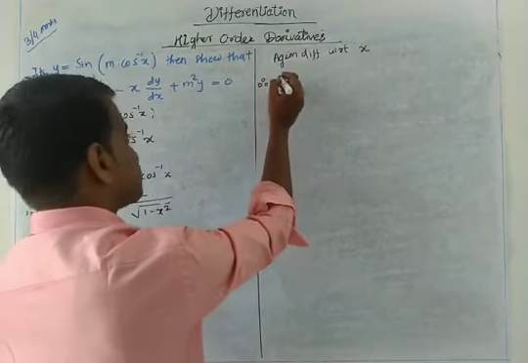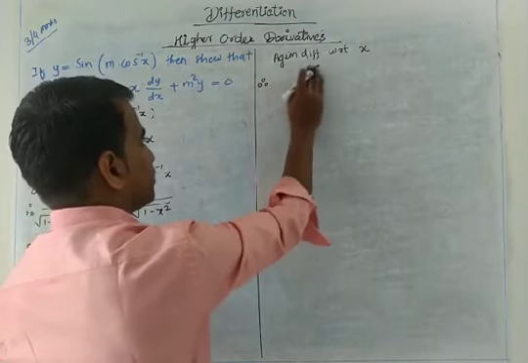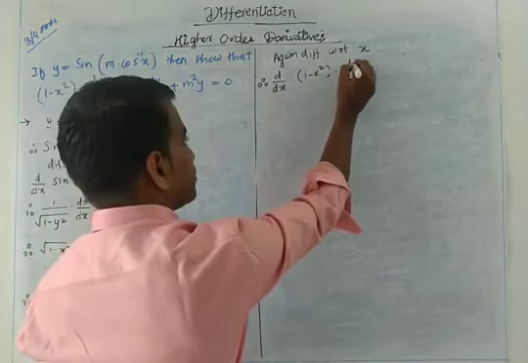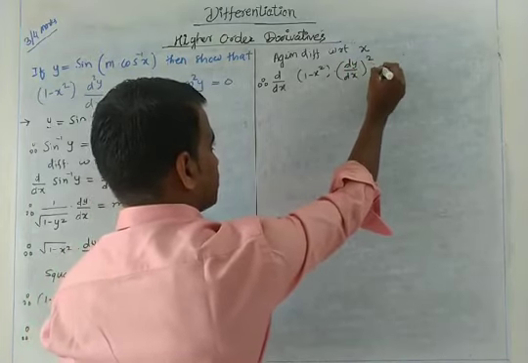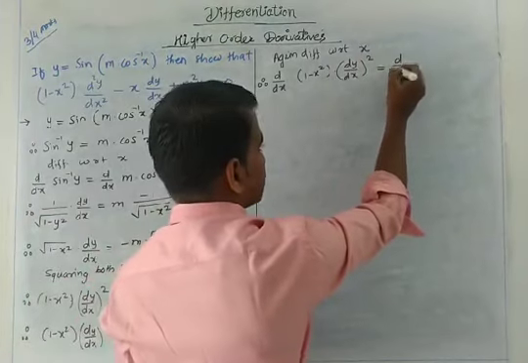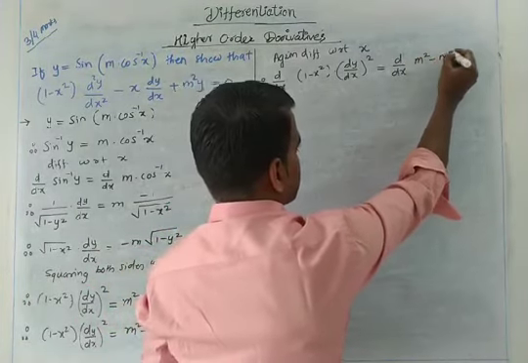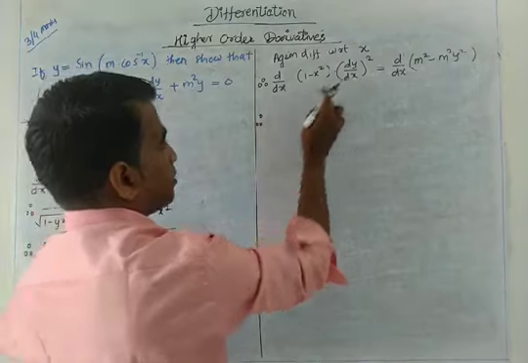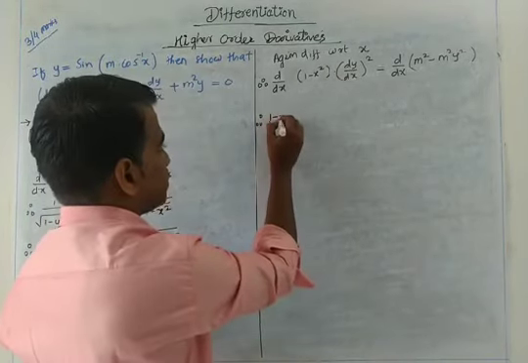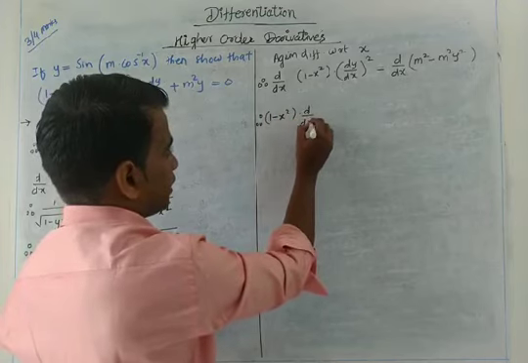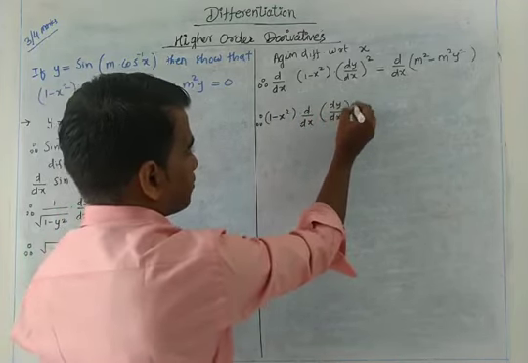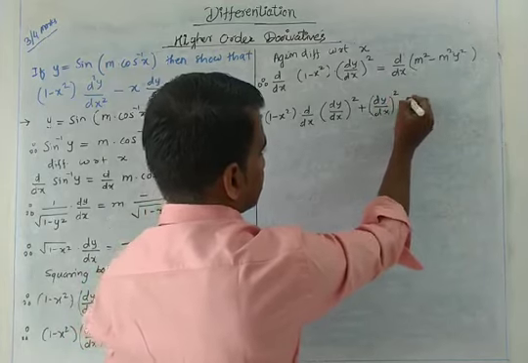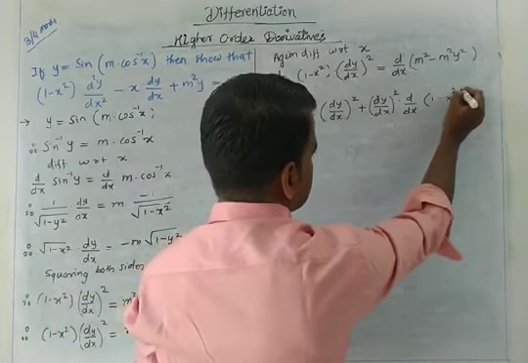Therefore, d/dx of (1 − x²)(dy/dx)² equals d/dx of (m² − m²y²). On the left-hand side we have to apply the multiplication rule: (1 − x²) constant times d/dx of (dy/dx)², plus (dy/dx)² constant times d/dx of (1 − x²).